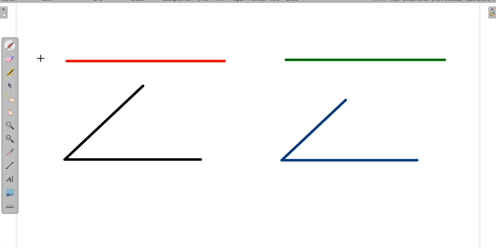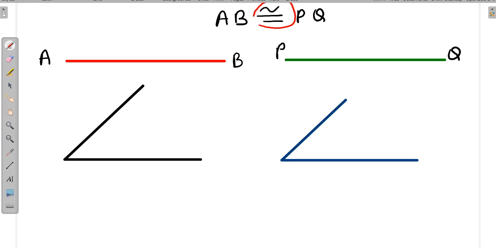How do we write the congruency of lines? If one line is named AB and the other line is PQ, we can say that AB is congruent to PQ. This symbol is the symbol for congruency.